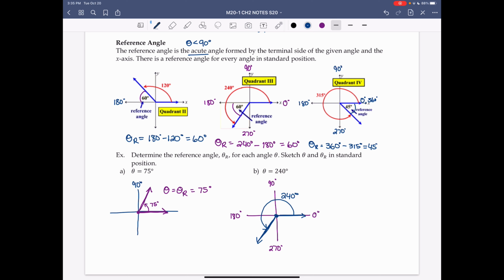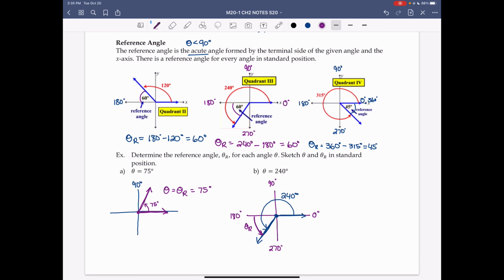Our reference angle would be the angle formed between the terminal arm and the x-axis that creates an acute angle. So right here, we need to determine what that would be. The theta r is part of theta, so we would need to subtract from theta to get theta r.